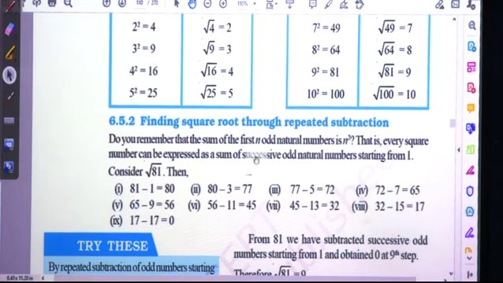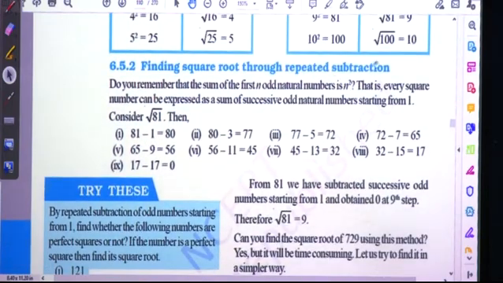Finding square root through repeated subtraction. Do you remember that the sum of the first n odd natural numbers is n square?